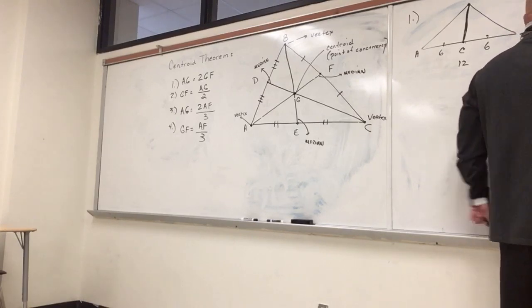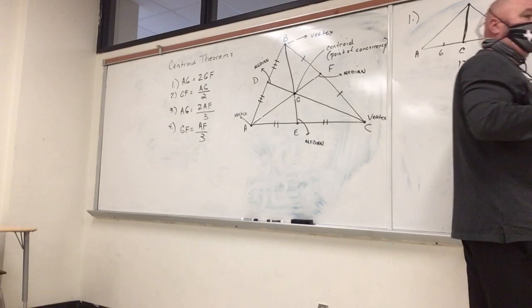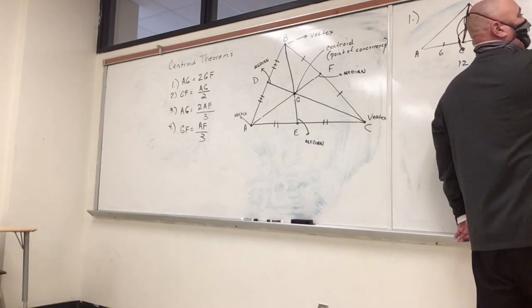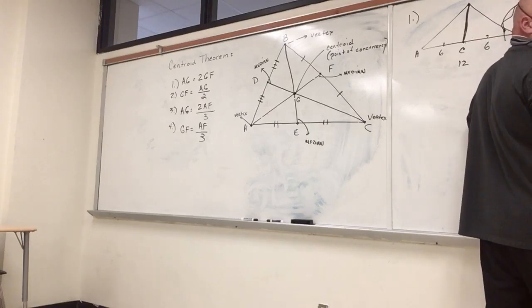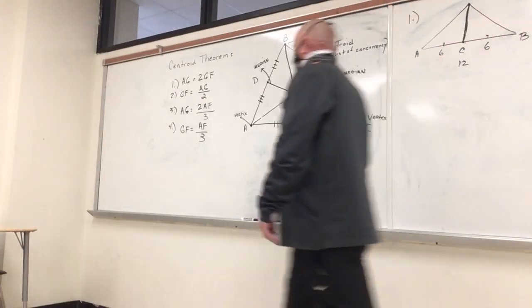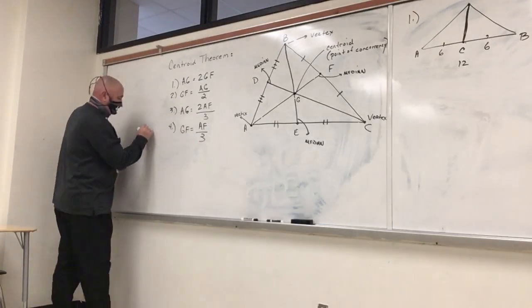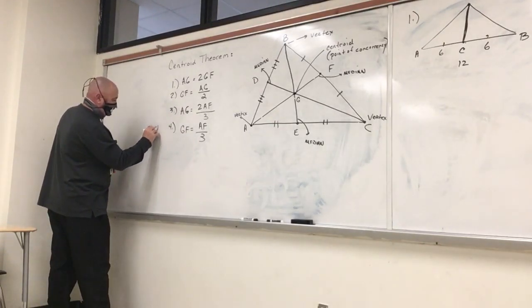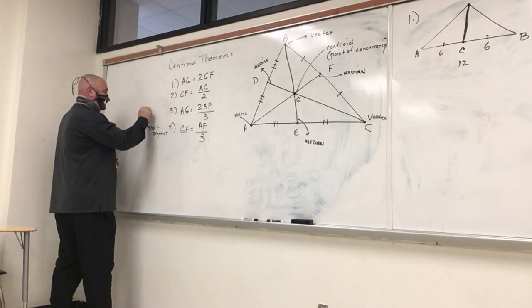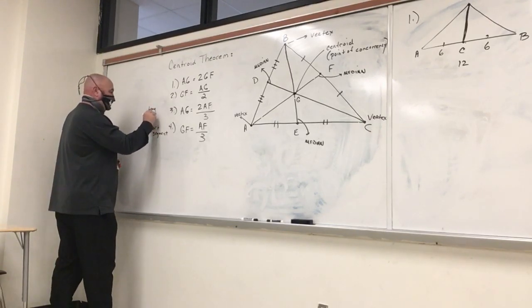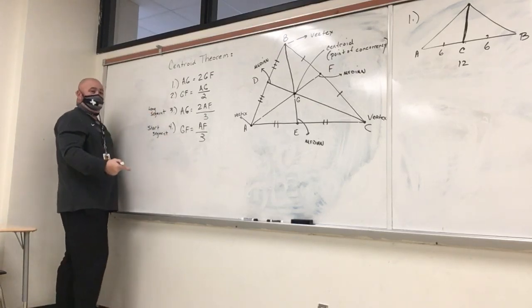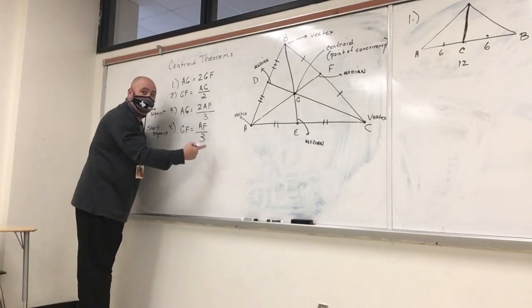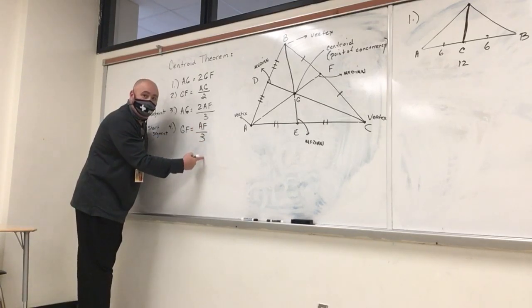Okay? The Centroid Theorem says that the short segment, the one we're looking for, is the whole length divided by what? The short segment is equal to the whole segment divided by 3.